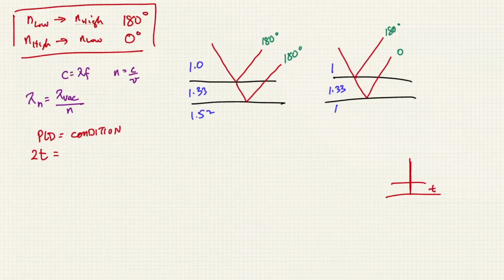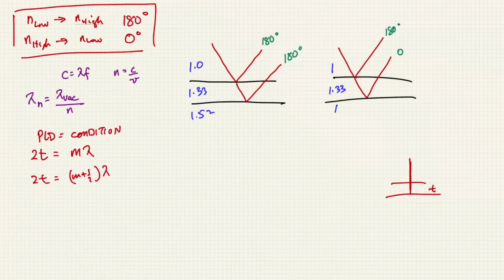And then we have our conditions. The conditions can either be m lambda or they can be m plus a half lambda. Do not jump to the conclusion that m lambda means constructive, because in the thin film case it does not, and I will demonstrate this later.